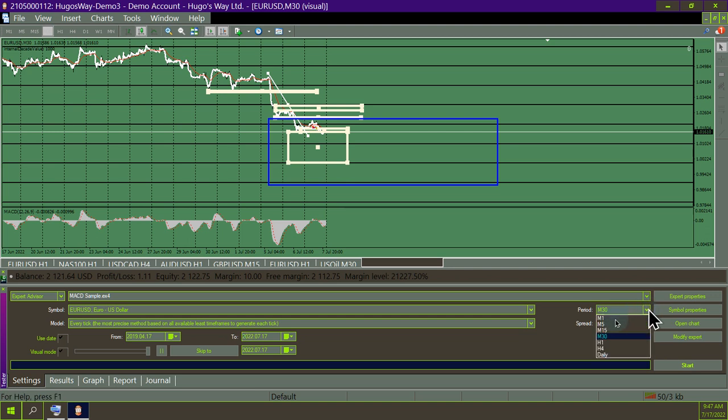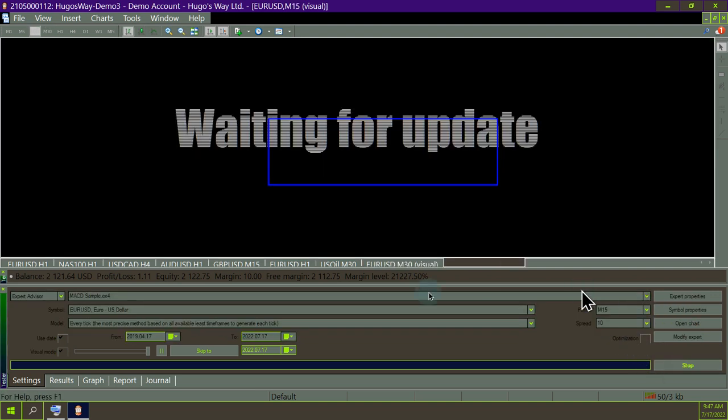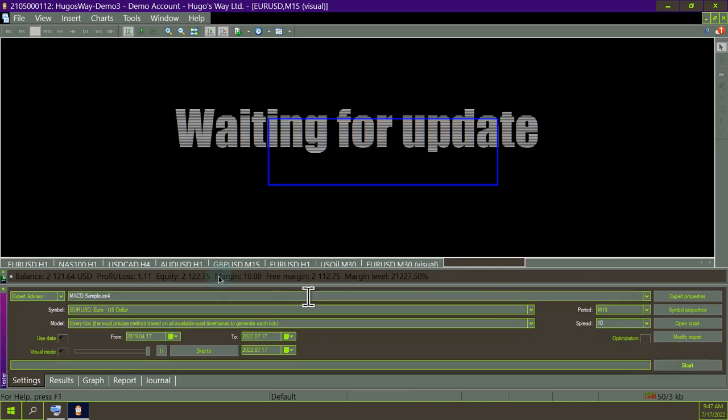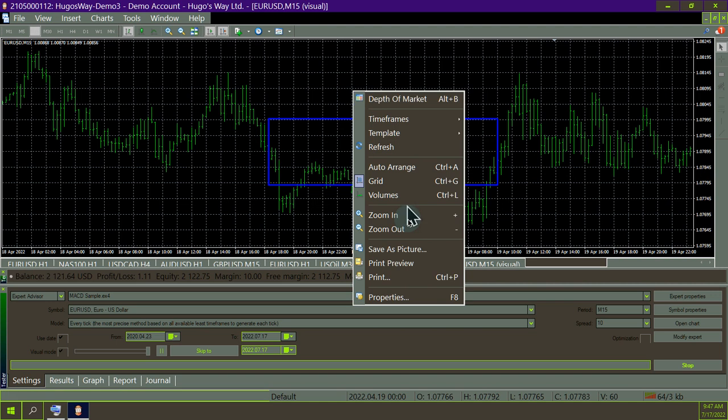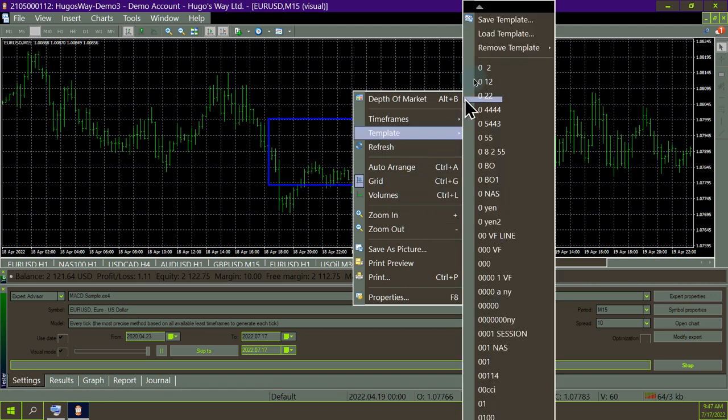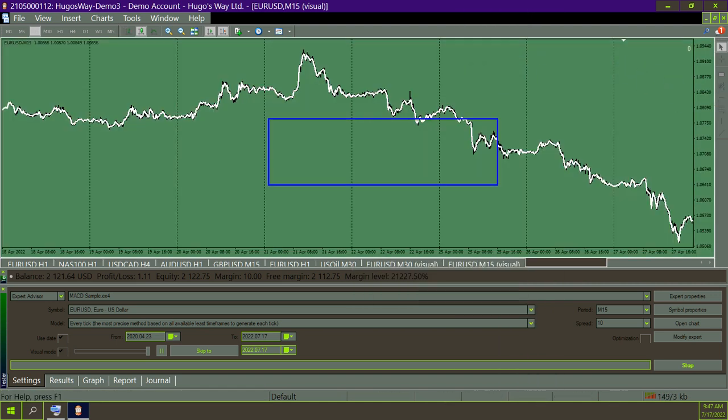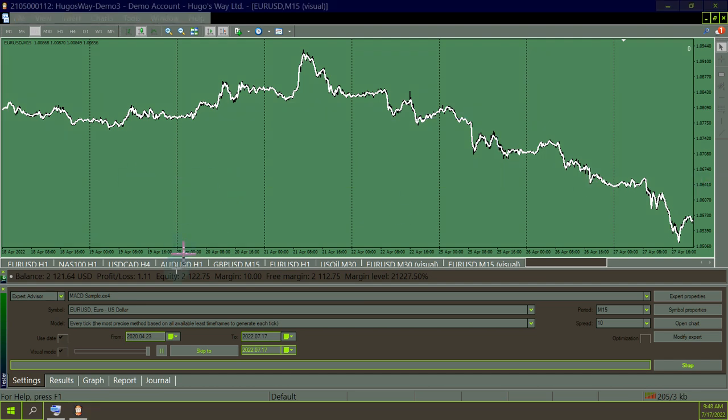I did a 50-minute chart. I'll pick a different start date. At least that should be proper. So waiting for the data to come in.